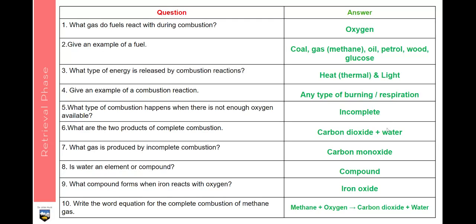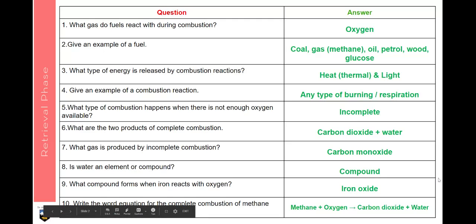The products of complete combustion are carbon dioxide and water. The gas produced by incomplete combustion is carbon monoxide. Water is a compound. When iron reacts with oxygen, you get iron oxide, and the word equation for complete combustion of methane is methane plus oxygen goes to make carbon dioxide and water.